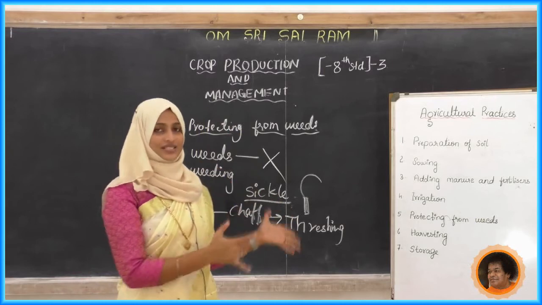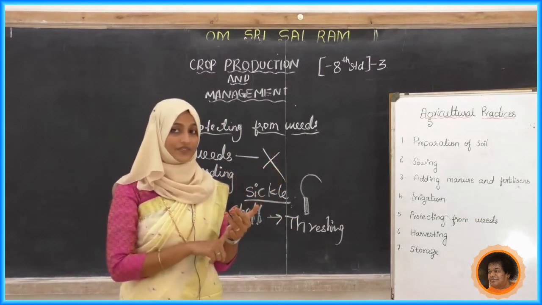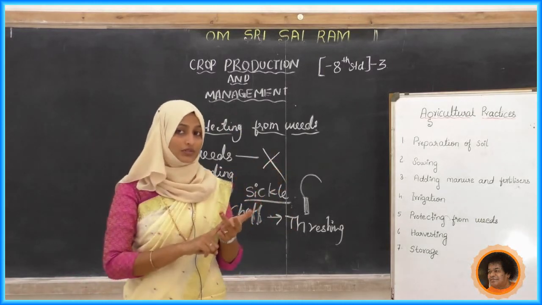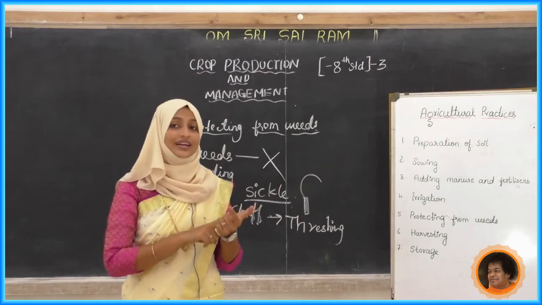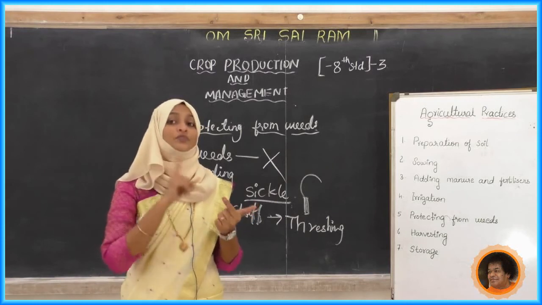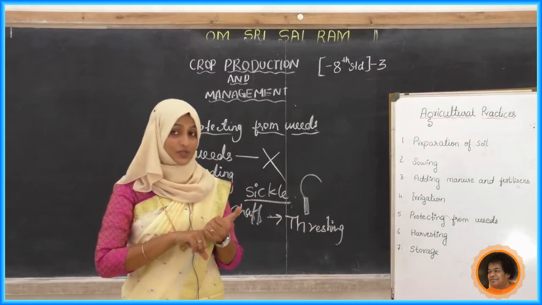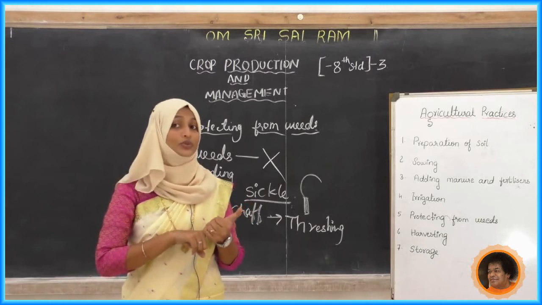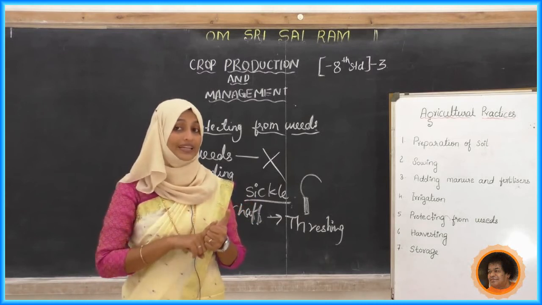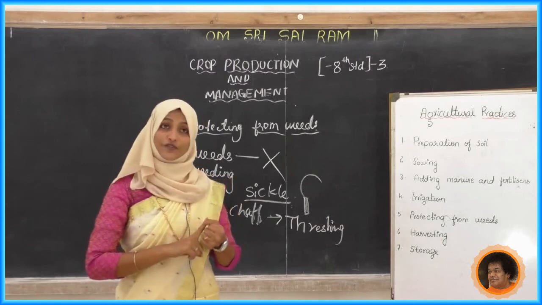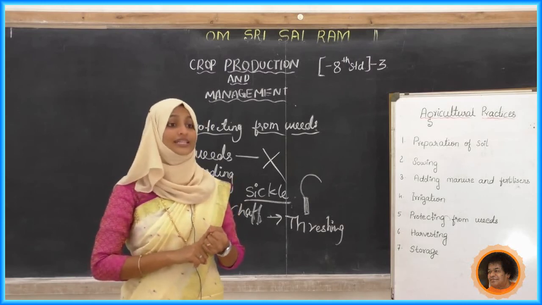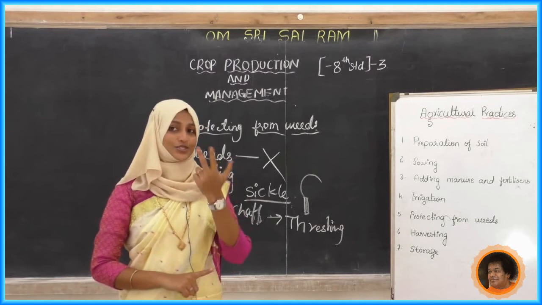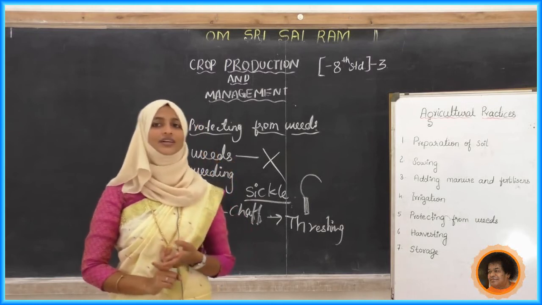First, we have to prepare our soil. Second, sowing. Third, adding manures and fertilizers. Fourth, we have to maintain the irrigation system. Next, protection from weeds we have to notice. Next, harvesting and storage. This is all about this chapter.